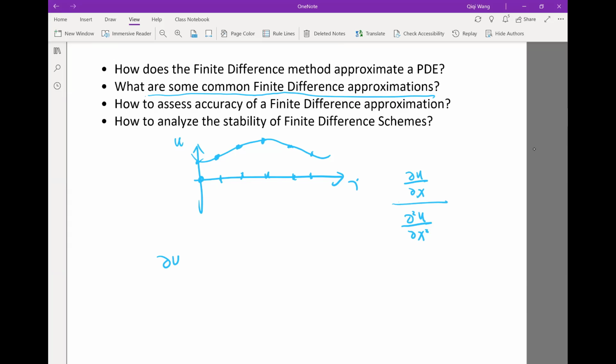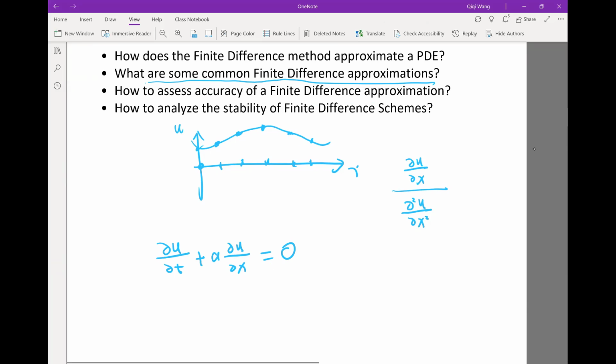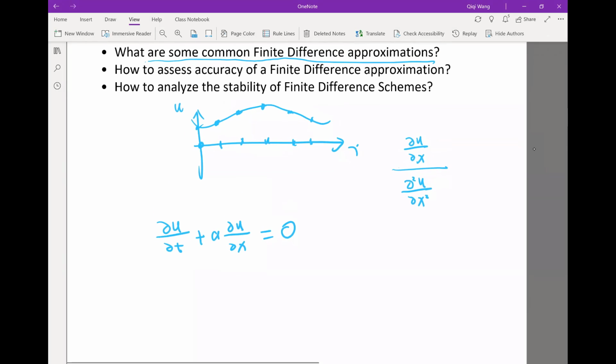So if you want to solve du/dt + a du/dx = 0, it turns out if a is greater than 0, the wave is traveling towards the right. You should be using a left biased scheme, right? A left biased scheme is stable.